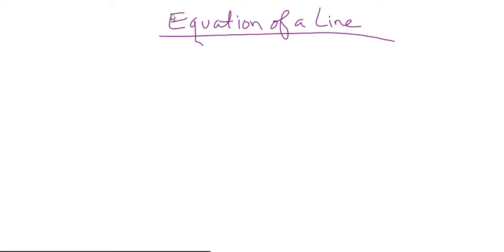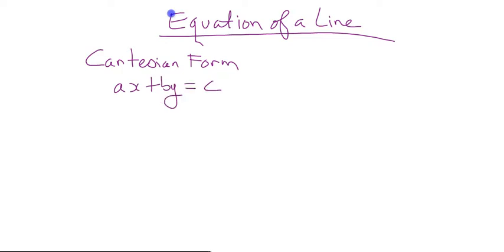So the equation of a line in Cartesian form is ax plus by equals c.